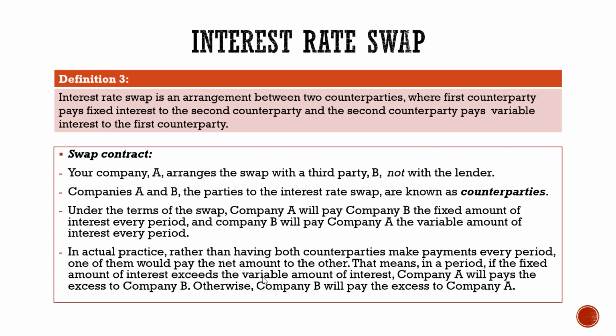That means in a period, if the fixed amount of interest exceeds the variable amount of interest, Company A will pay the excess to Company B. Otherwise, Company B will pay the excess to Company A.